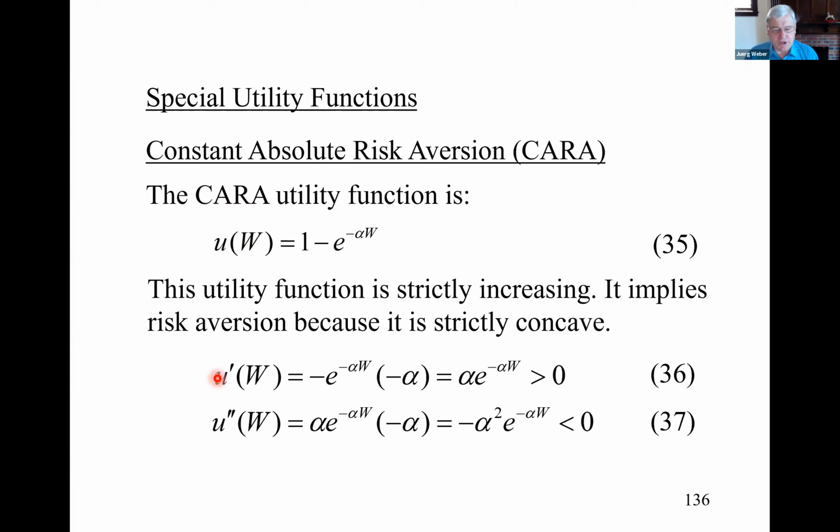If you do the first derivative, then it's positive. And if you do the second derivative, then it's negative. So we have an upward sloping function, it's concave, and here we know the specific form of this upward sloping concave function.